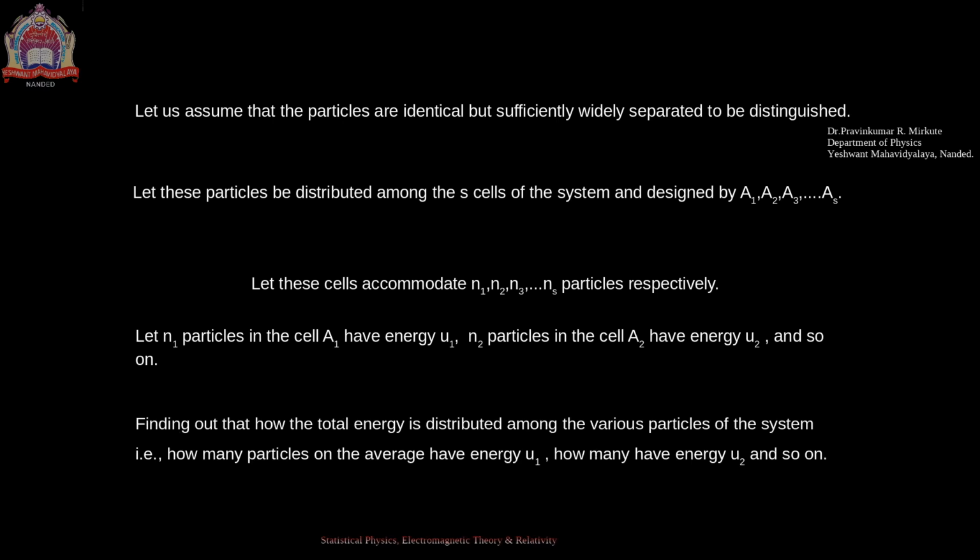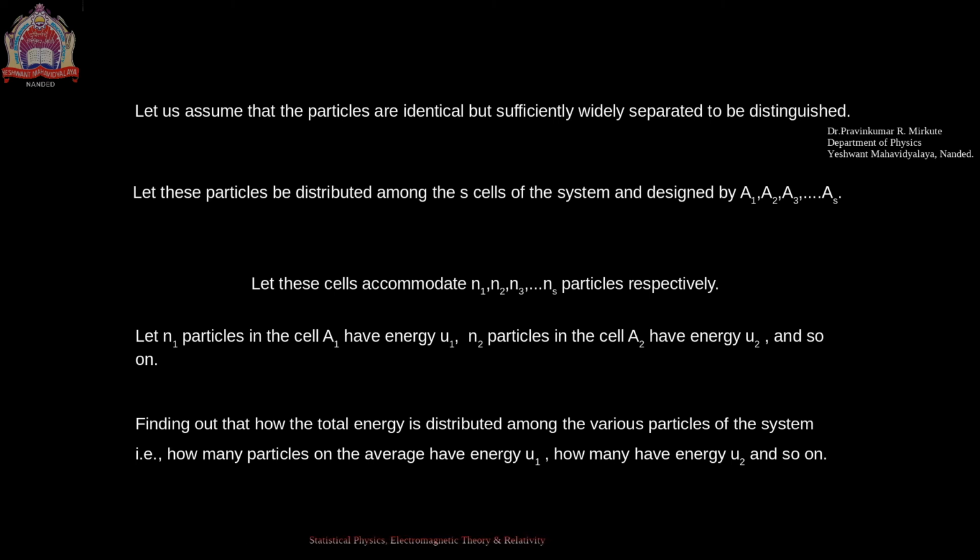Now we are interested to find out how the total energy is distributed among the various particles of the system. That is, how many particles on the average have energy U1, how many have energy U2, and so on.